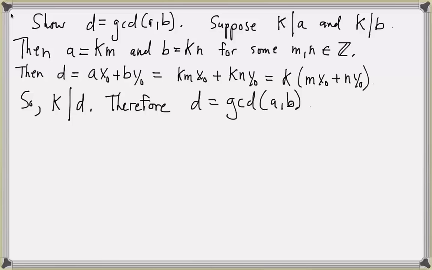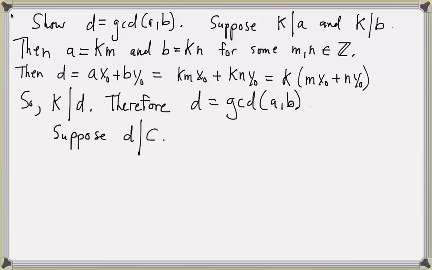So we're going to now suppose that D divides C. So D divides some integer C. To finish this part of the proof, we need to show that AX plus BY equals C has a solution.